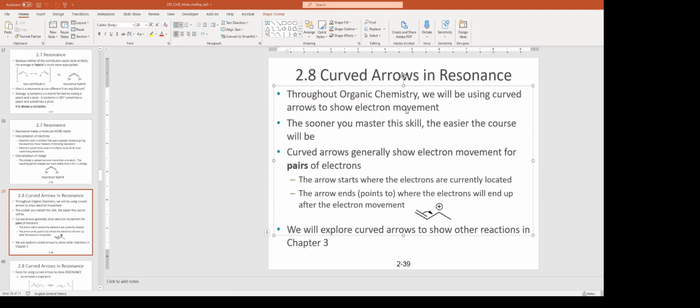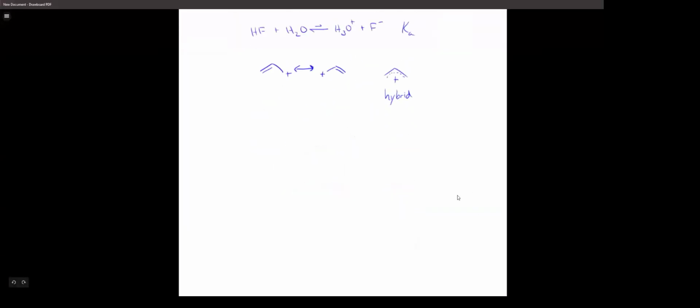Okay. A regular arrow means movement of electron pairs. A fishhook means movement of a single electron.